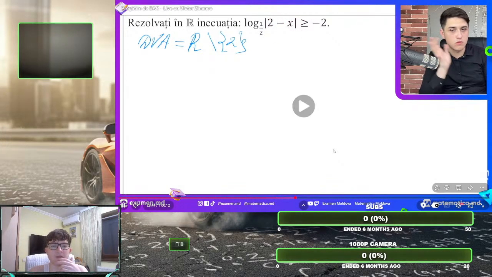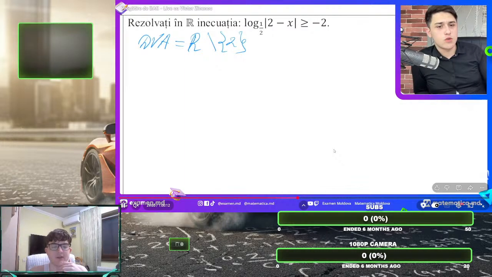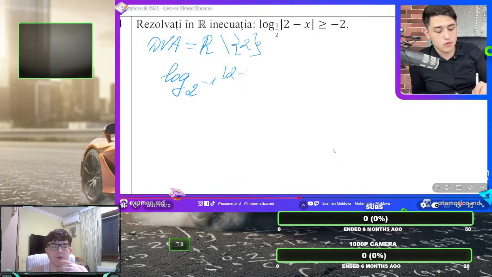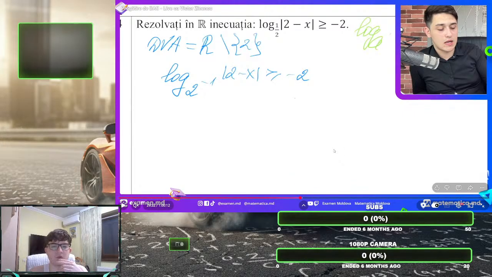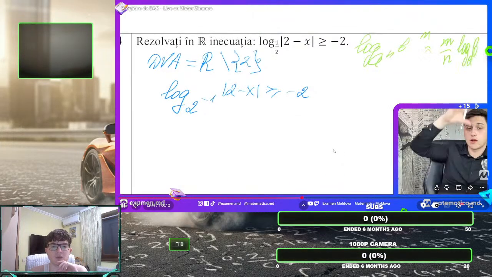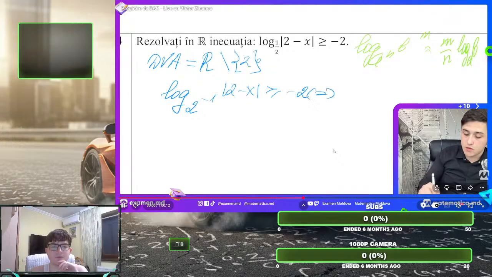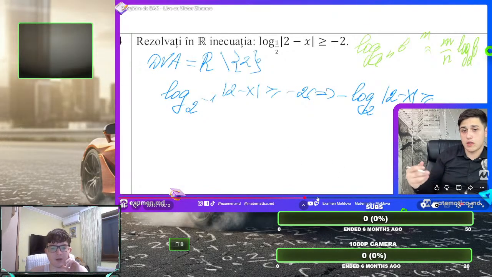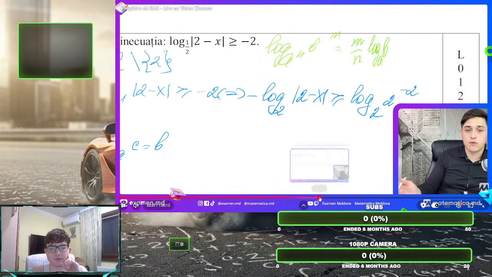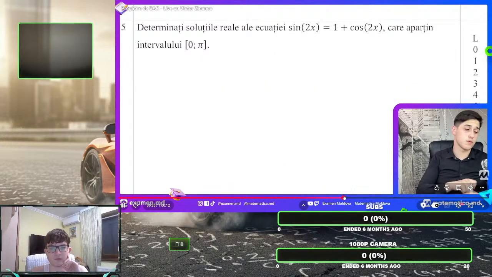Well, I did know that we have to place this domain. Whatever. This and this and this, minus 2. Okay, skip it. I mean, yes, you have base 2 and minus 1. But whatever. What's that going to help you with? Anyways, I'm just going to skip it.